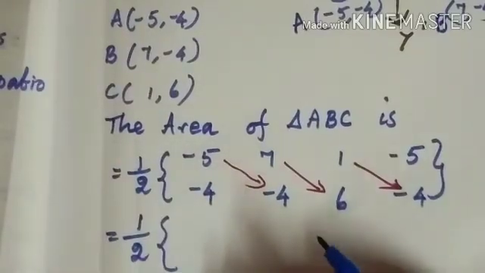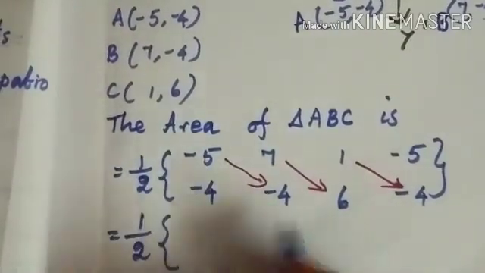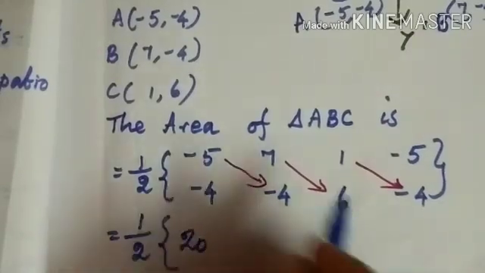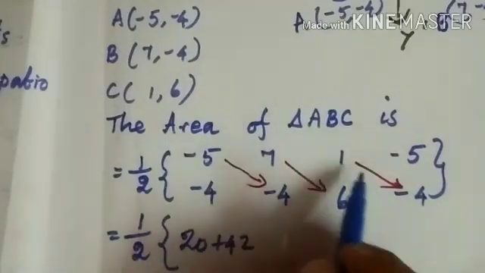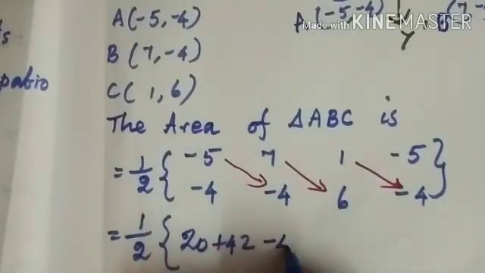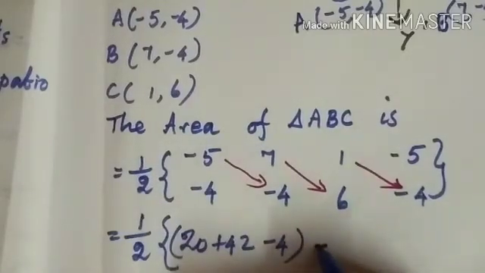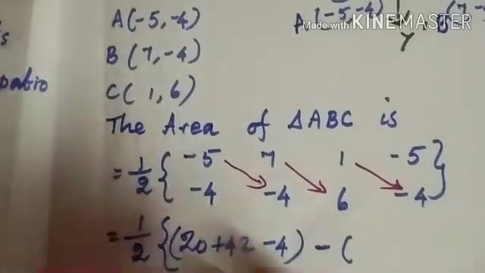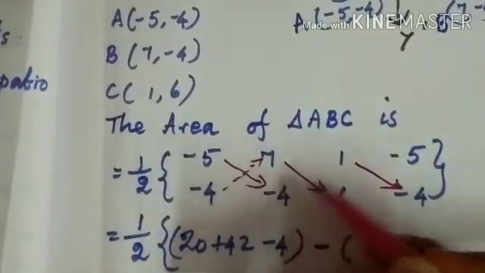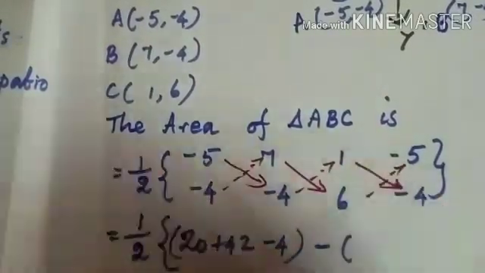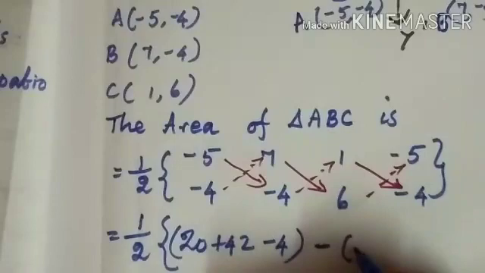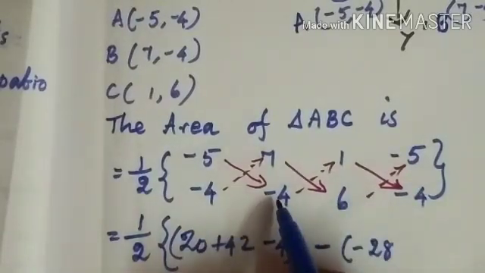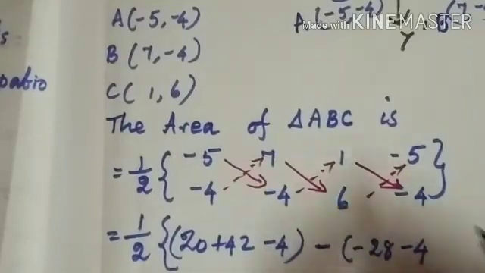Then we get minus 5 into minus 4 is plus 20, plus 7 into plus 6 is plus 42, plus 1 into minus 4 is minus 4. Then minus of, now you have to multiply from bottom to top. Then we get minus 4 into 7 is minus 28, minus 4 into 1 is minus 4, 6 into minus 5 is minus 30.